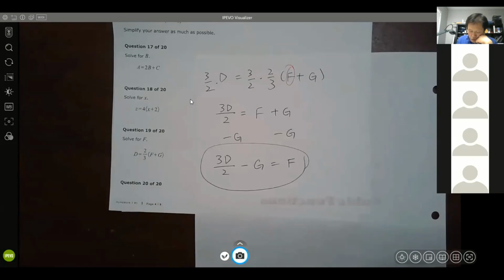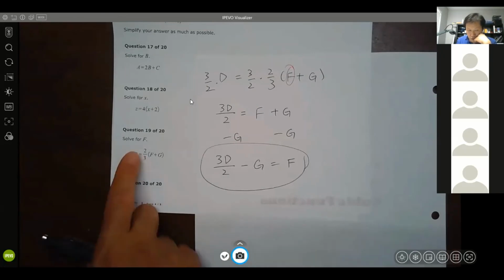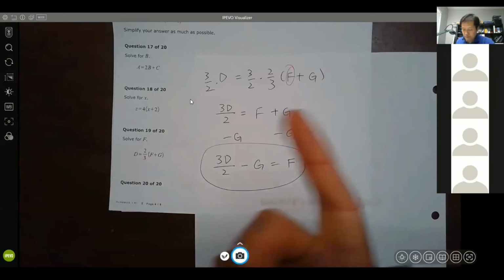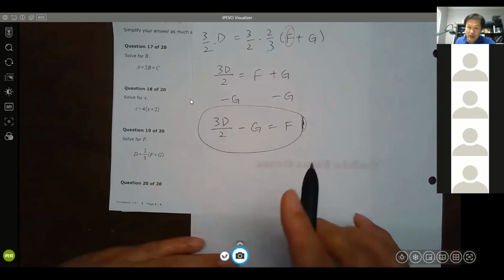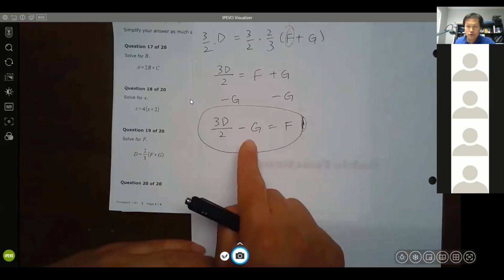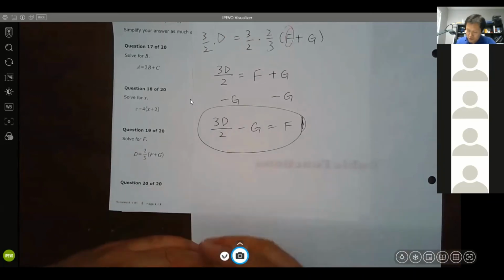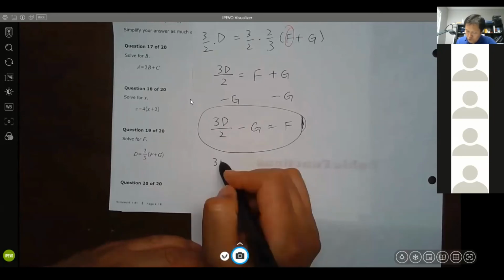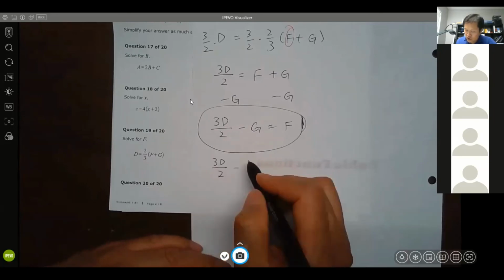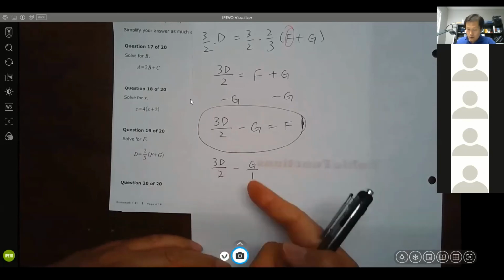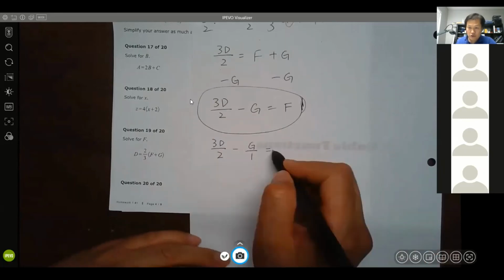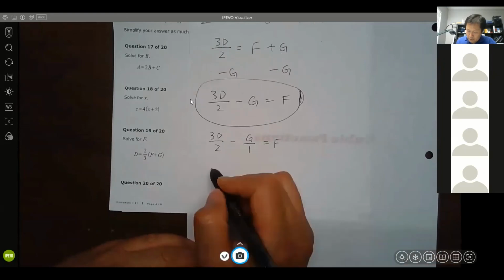If some of you decide to distribute 2/3, you can do that. If you are asked to actually subtract these two, then you might have to go further. So 3D over 2 minus G. Minus G is exactly the same as minus G over 1. If you want to subtract two fractions, you want them to have the same denominator.